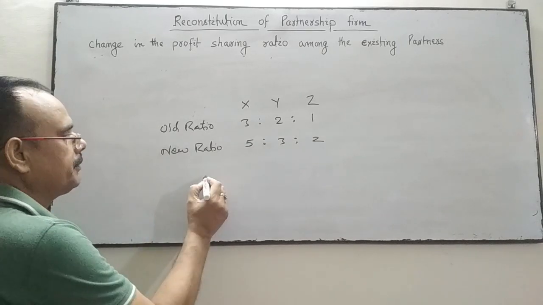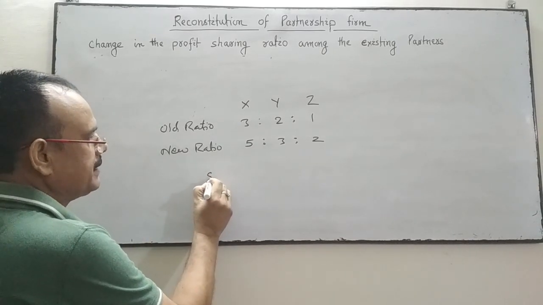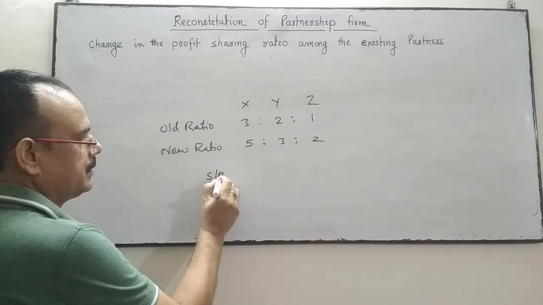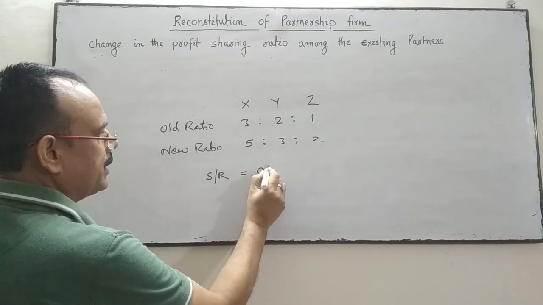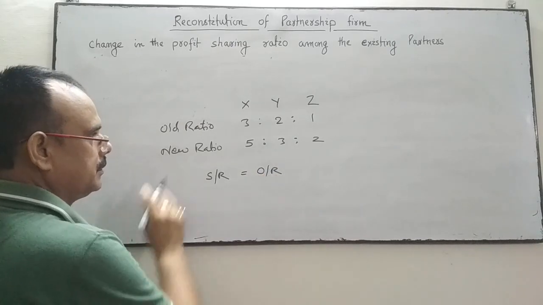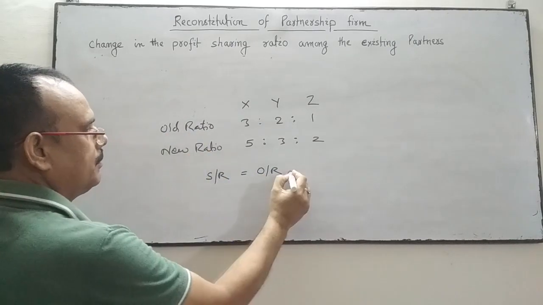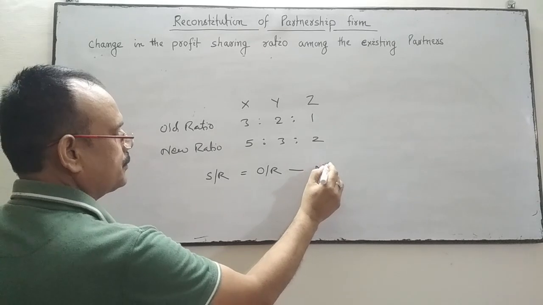So one formula we will use is the sacrificing ratio. SR means sacrificing ratio, which is equal to old ratio minus new ratio.